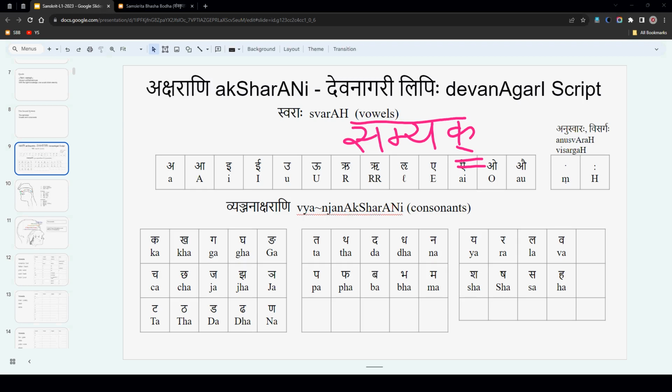However, note that at the end, when we say Samyak, there is an element of a added. It's short. It is not complete, but a very little amount of a has to be there to bring out that sound out of our mouth. Otherwise, it cannot be pronounced. Even though it is written like that, there is some a added there. Samyak.